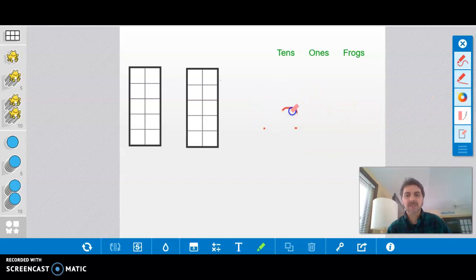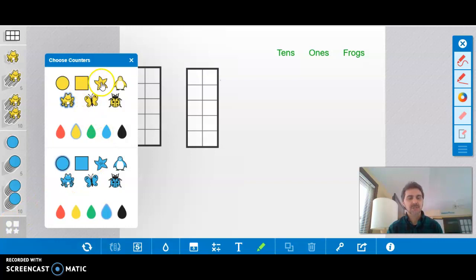So speaking of the number 16, let's choose something. We can choose circles or squares or butterflies or ladybugs. I think today I will choose frogs, and let's make them red.